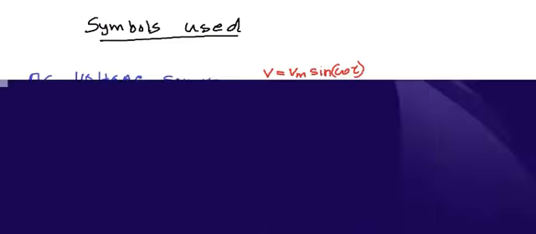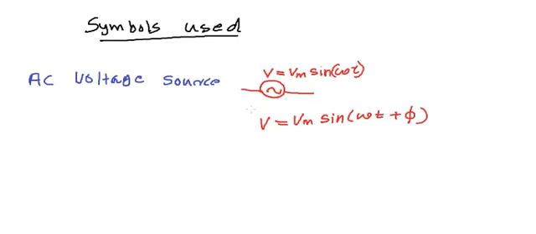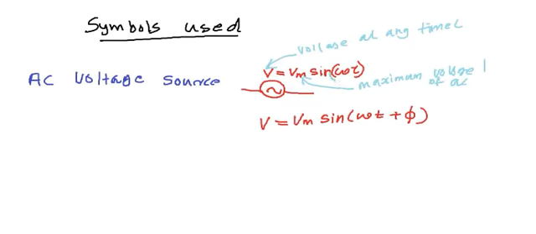Try to understand the different terms. V is the voltage at any time t. Vm is the maximum voltage of AC, and the factor inside the sine is called phase.